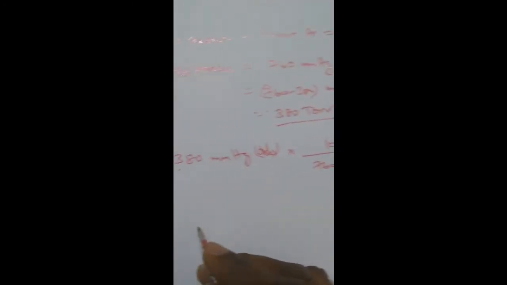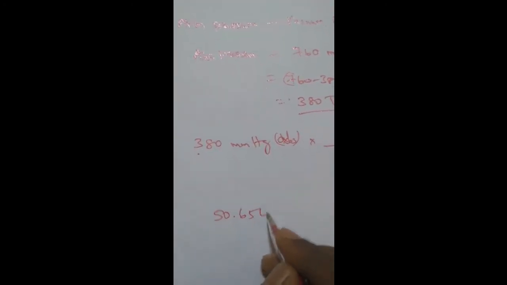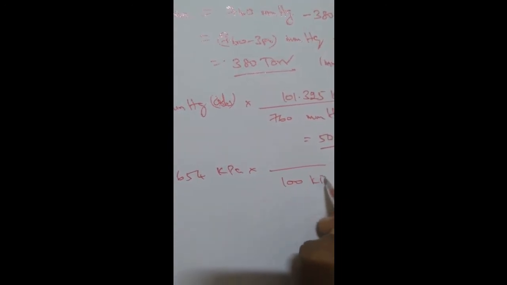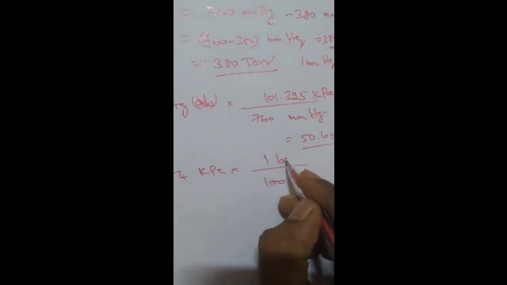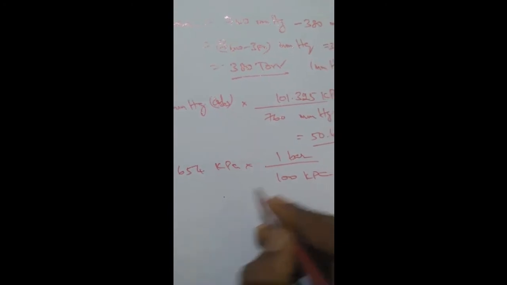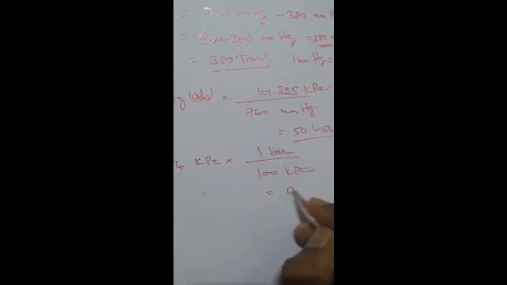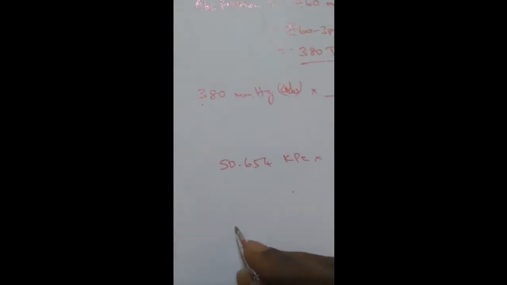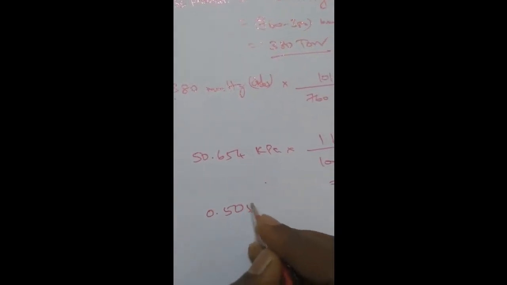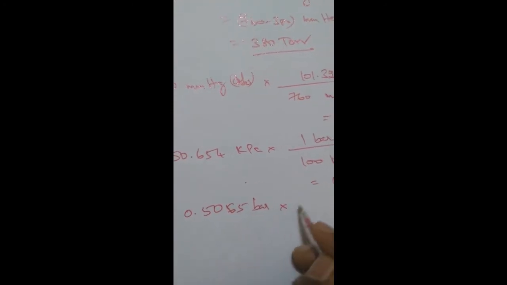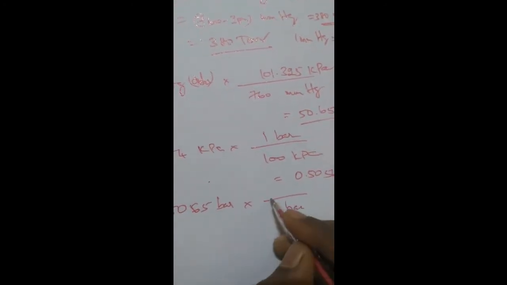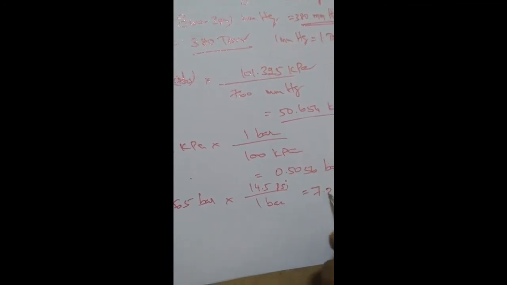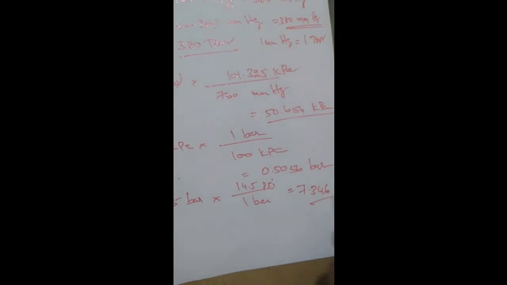Similarly, we can convert this 50.654 kilopascal, with 100 kilopascal as 1 bar, which is equal to 0.5065 bar. Now we can convert this 0.5065 bar, with 1 bar as 14.5 psi, to 7.346 psi.